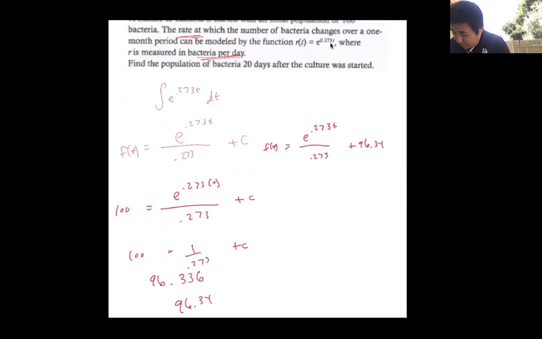And now they want you to plug in 20 for 20 days after the culture was started. I know you can't see this, but I'll take a screenshot. E to the 0.273 times 20 over 0.273 plus 96.34.